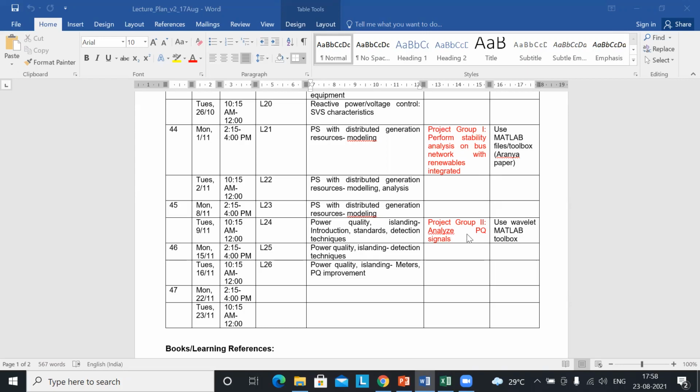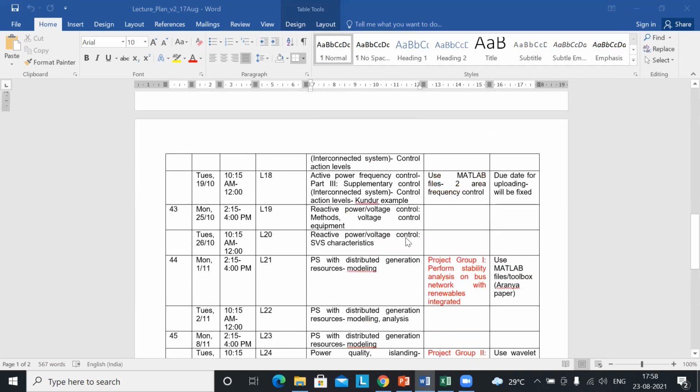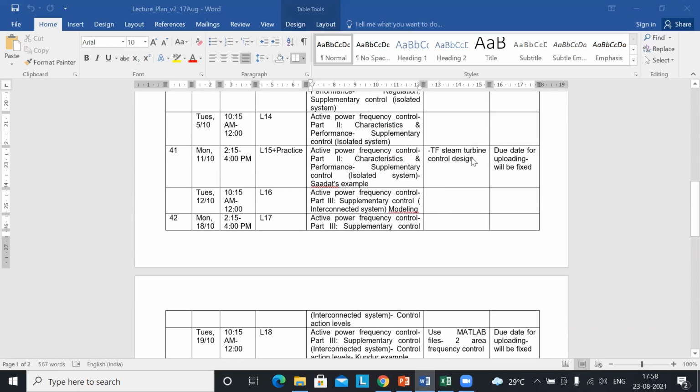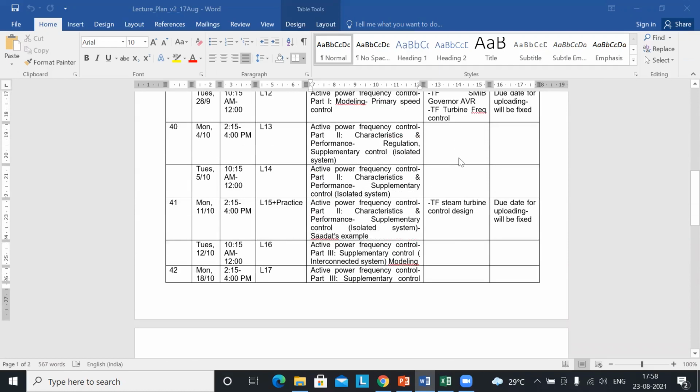So I will provide you the different power quality signals available in the IEEE standard repository website, and you will use the wavelet toolbox to analyze the power quality signals. So these are the two projects which we have planned for the course. And then again, some exercises as referred to here in the lecture plan.